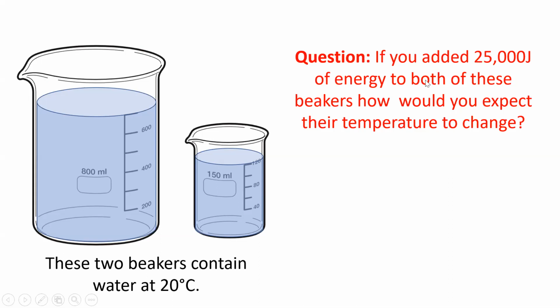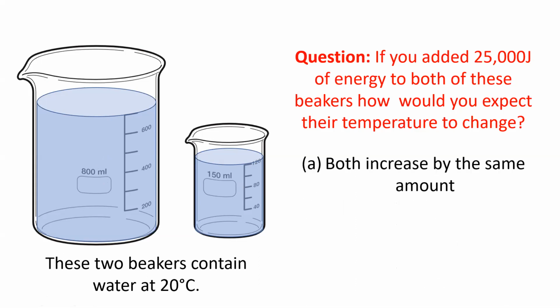So if we look at the question, if you added 25,000 joules of energy to both of these beakers, how would you expect their temperature to change? So if this one had 25,000 joules added to it, and this one also had 25,000 joules added to it, would you A, expect their temperatures to increase by the same amount?